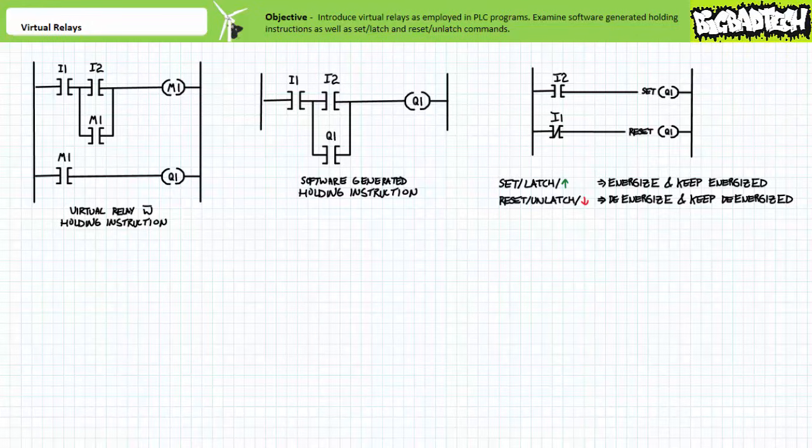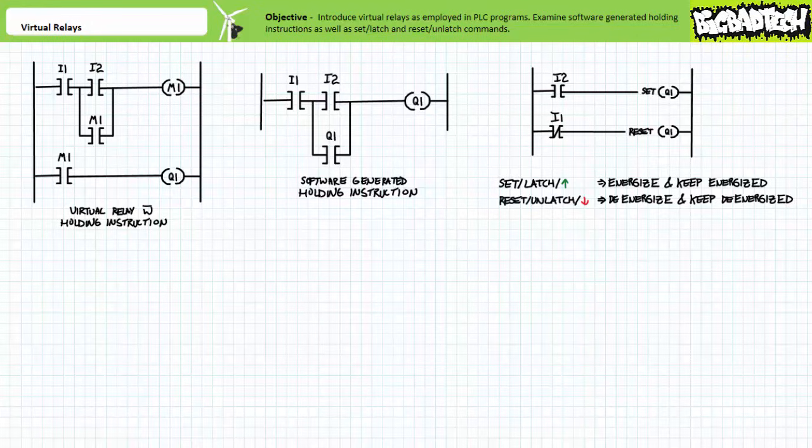In conclusion, we learned that virtual relays mimic the behavior of traditional hardwire relays and that their associated instructions respond to the logical state of the virtual coil that can be energized or de-energized by the logic in a particular rung. We learned that virtual relays can extend the permissible number of contacts in a rung and can be used to facilitate holding circuits, among other functions.